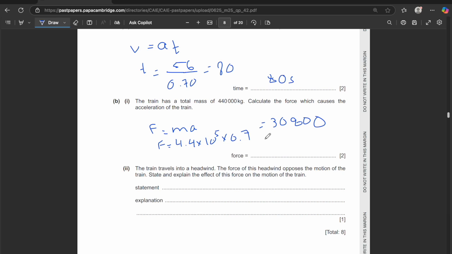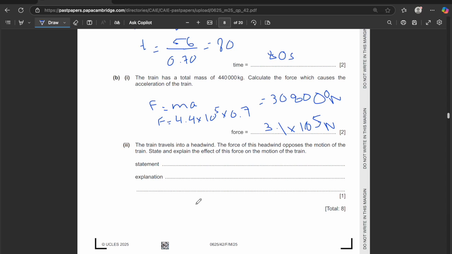So this is approximately equal to 3.1 into 10 power. Okay, I will just write in the final answer. Newtons. 3.1 into 10 power 1, 2, 3, 4. Wait, 1, 2, 3, 4. Oh wait, I forgot 10 power 5 newtons.